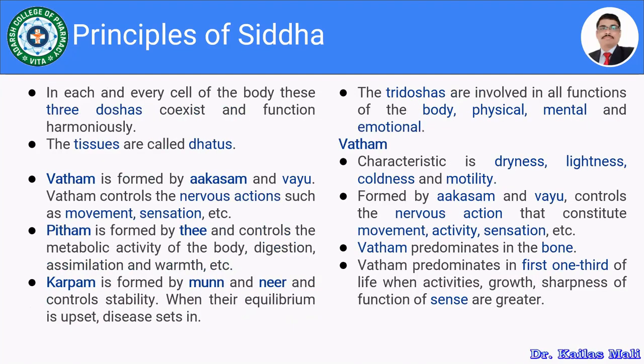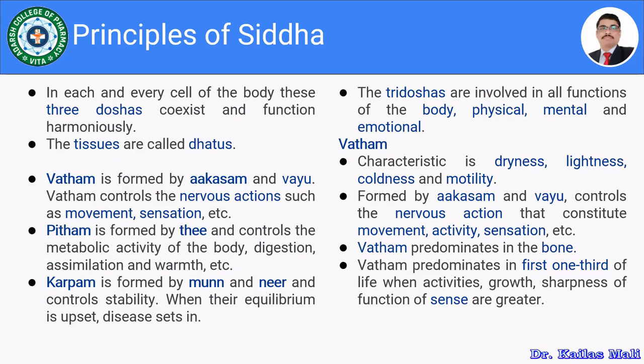Let us see further details about the principles of Siddha. In each and every cell of the body, these three doshas coexist, Vatam, Pittam, and Karpam, and function harmoniously. If there is any imbalance, it may lead to disease in the person.